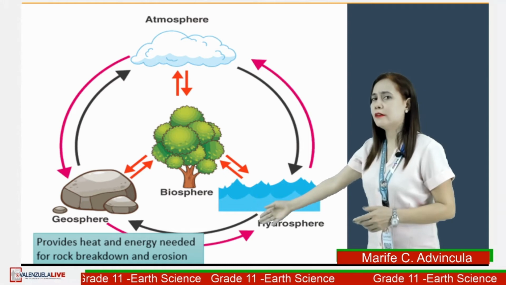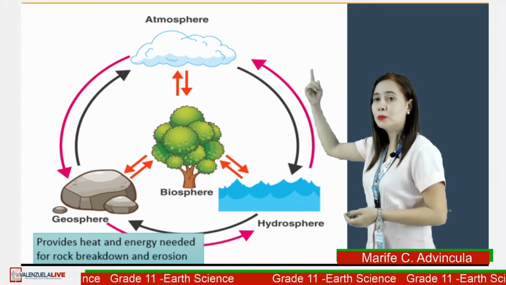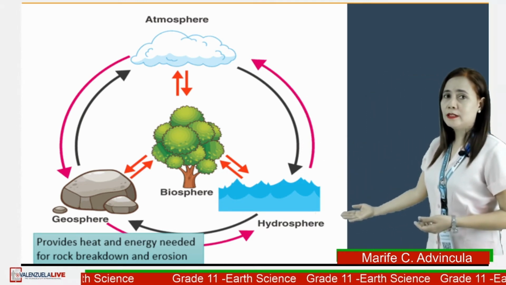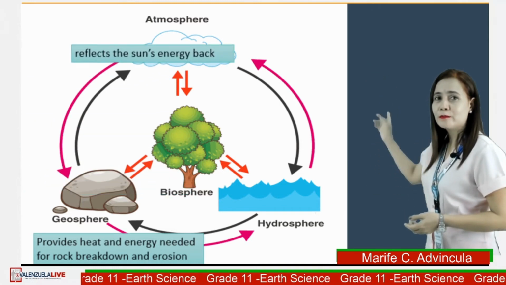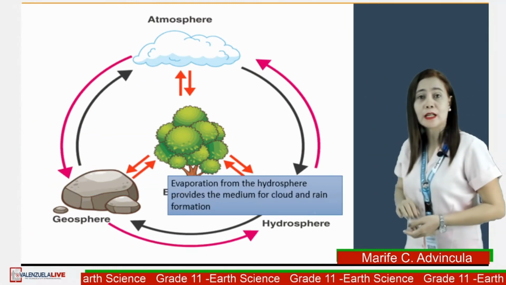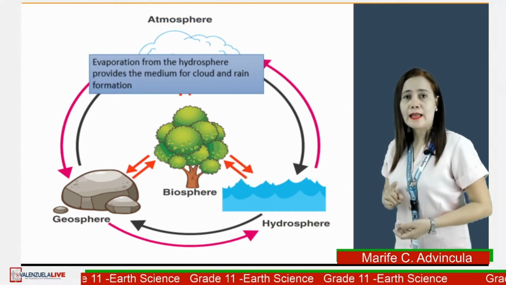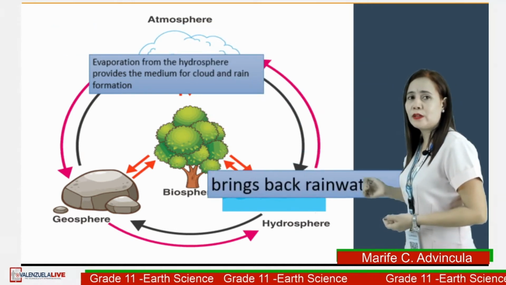The geosphere, in return, will reflect the sun's energy back into the atmosphere. The hydrosphere and the atmosphere connect. Evaporation from the hydrosphere provides the medium for the clouds and the rain formation in the atmosphere. The atmosphere brings back the water to the hydrosphere.